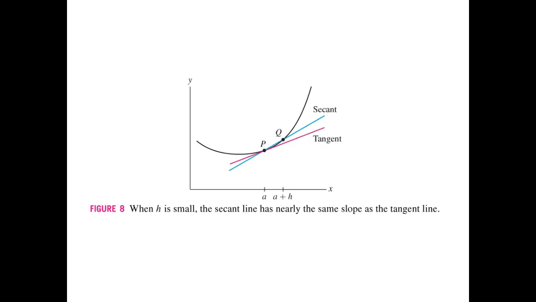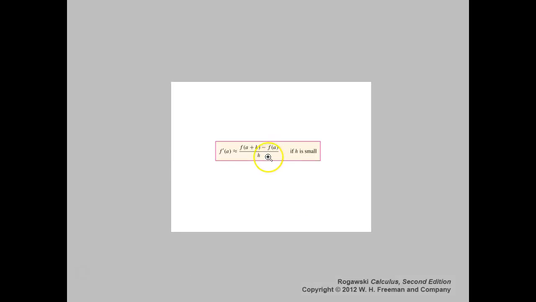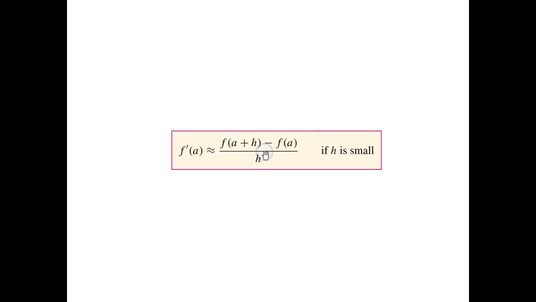Now let's translate that into something else. Let's go back here and say this. Notice what's missing from this. This is an approximate equal. For that to be exactly equal to, what would you have to have in here? The limit. Limit as h approaches 0 of this. Okay? That would be exactly what the f prime of a is.